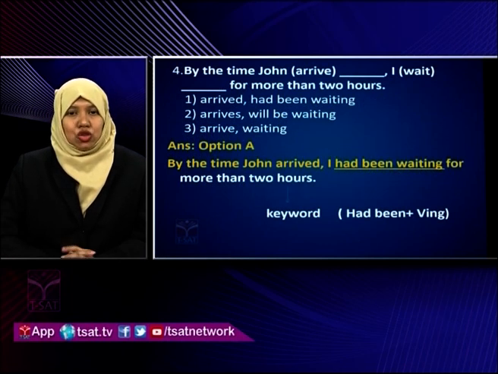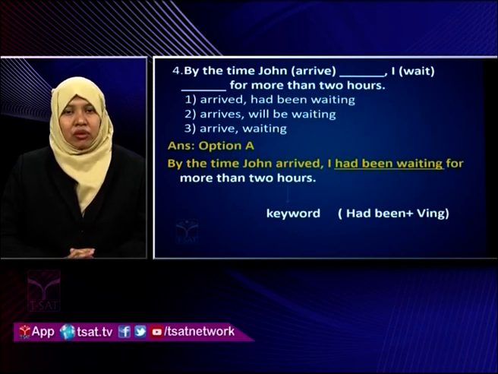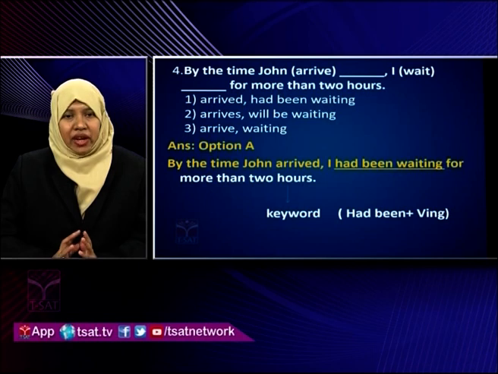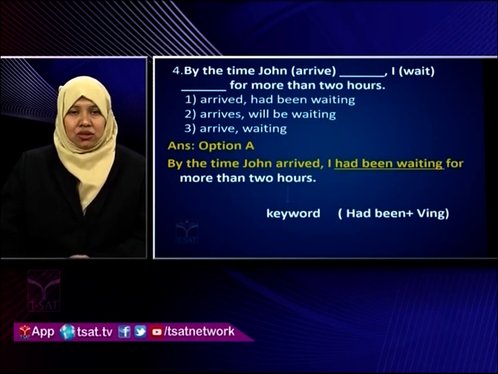By the time John arrived, dash, I wait dash for more than 2 hours. By the time John arrived, the verb is given. Now what form of verbs, V2 or V3 form of verbs or past perfect, which verb you have to use here?